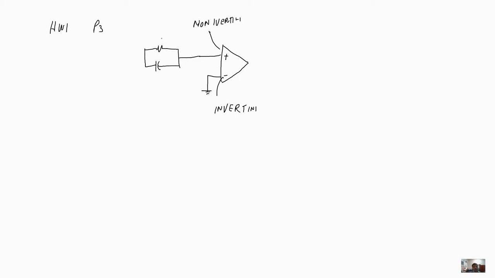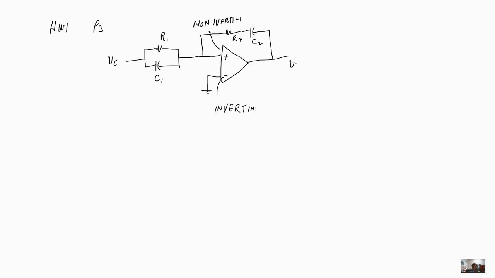We're going to call the resistor R1 and the capacitor C1, and here what we have is the input VI, and at the output I am going to put two of them in series here. So let's call this R2 and this guy C2. Okay, and this will be your output.